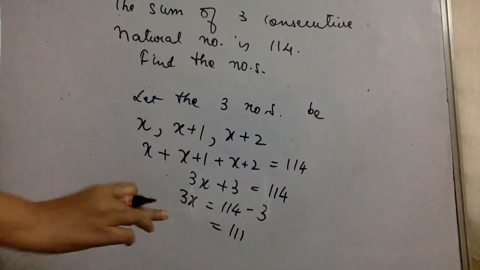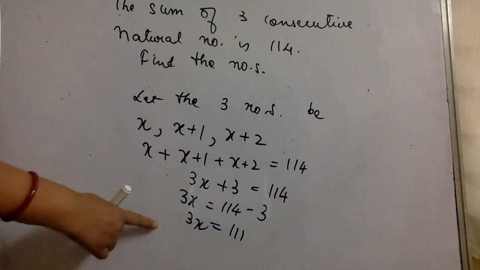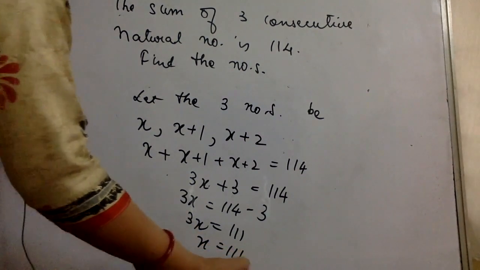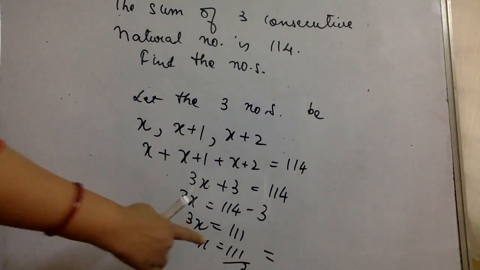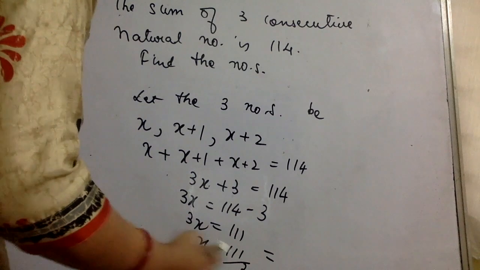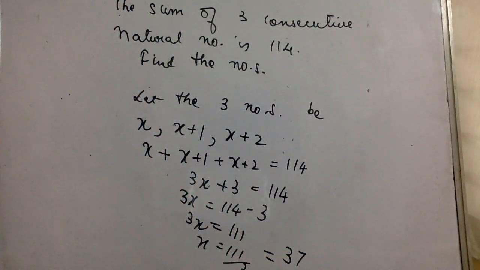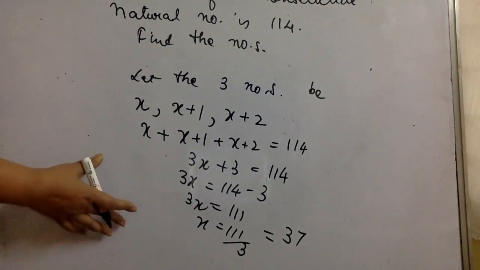If 3x is equal to 111, then how much is the value of x? x is 111 by 3. That comes to 37. So the first number has come to 37 for us.